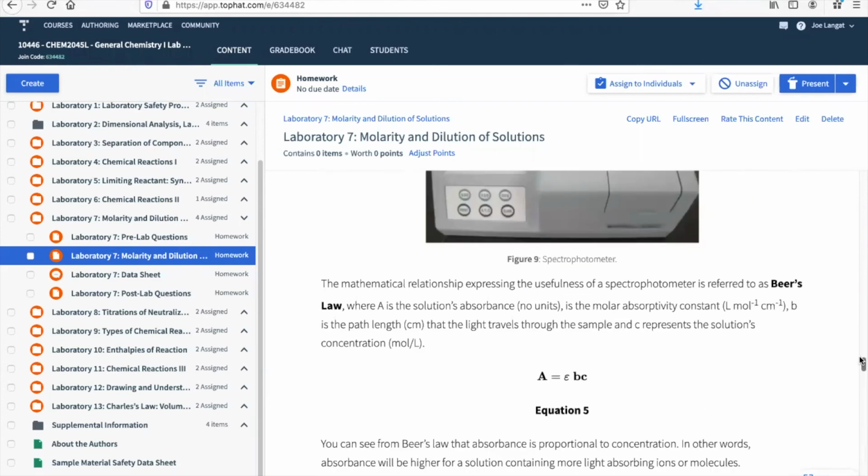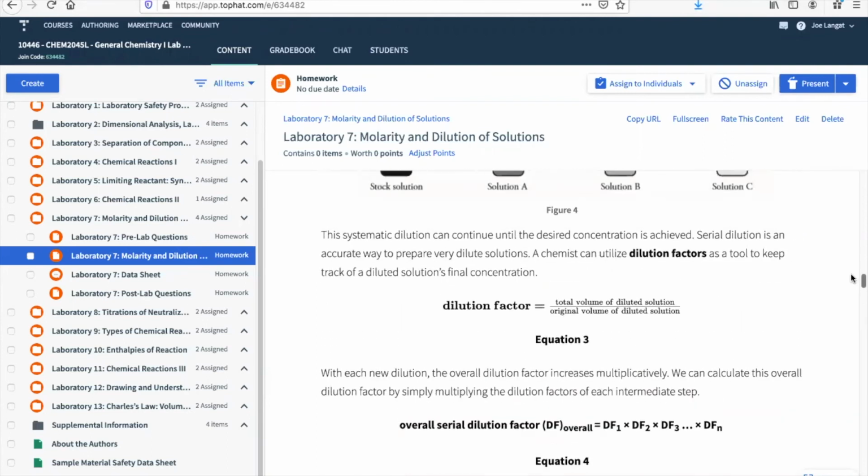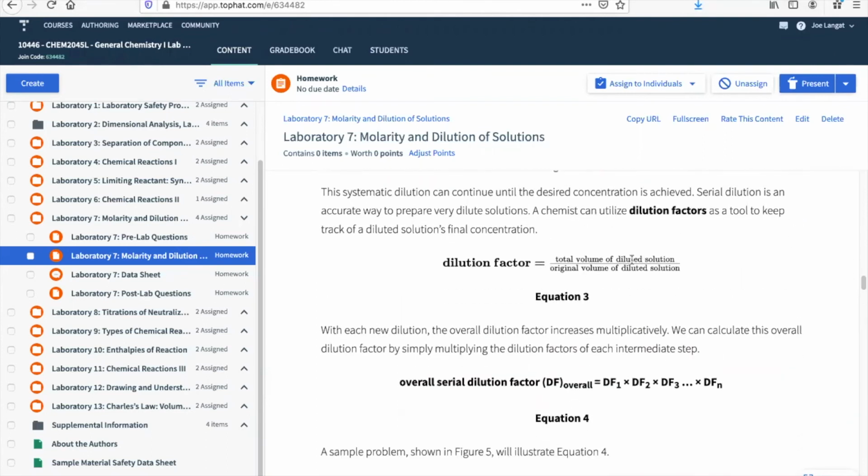Dilution factor is given by this equation: the final volume, the total volume, over the original. And please show me the calculation. What I mean here is the total volume for all of them was 50 point what? This was diluted to 50.0 mL.